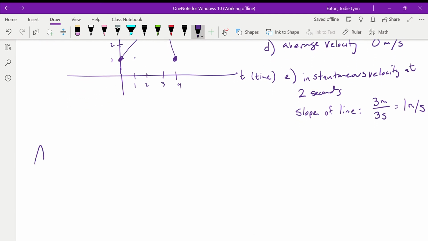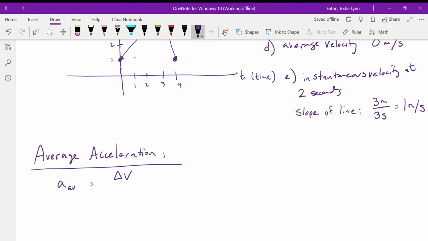So adding acceleration in here. Average acceleration: we have our average acceleration is the change in velocity over the change in time, which is the slope of the secant for a velocity time graph.